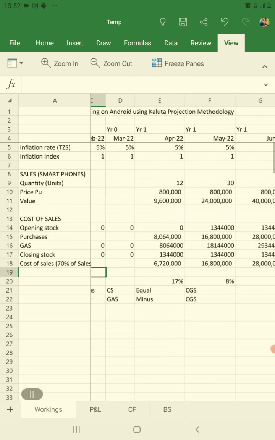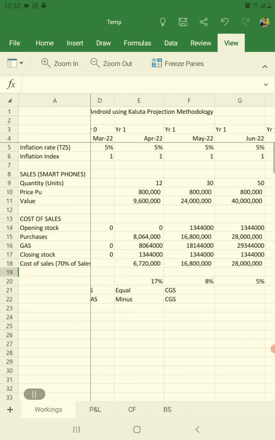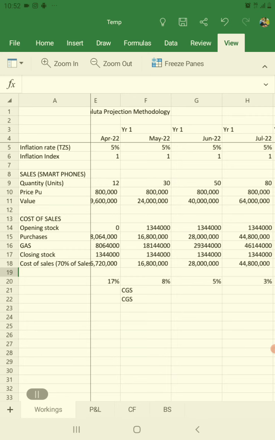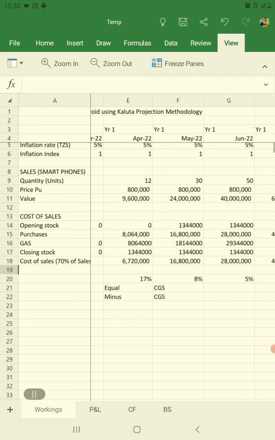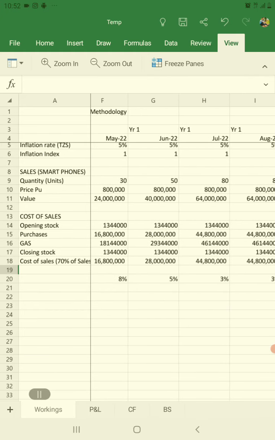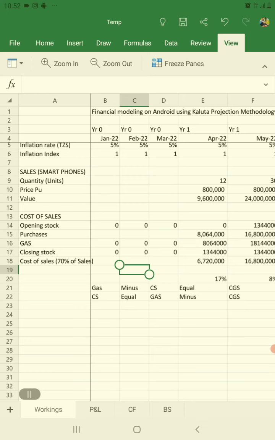So you can see my stock is always the same while my purchases keep increasing as expected sales increases. That's why you see the percentage keeps on going down here. Percentage of stock on sales.